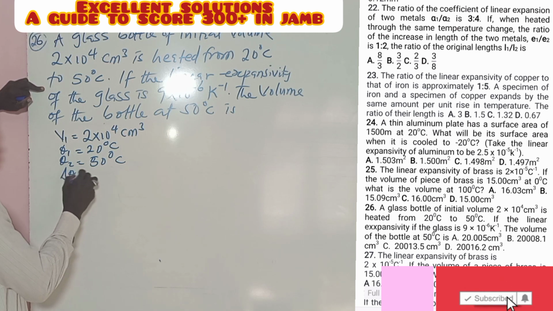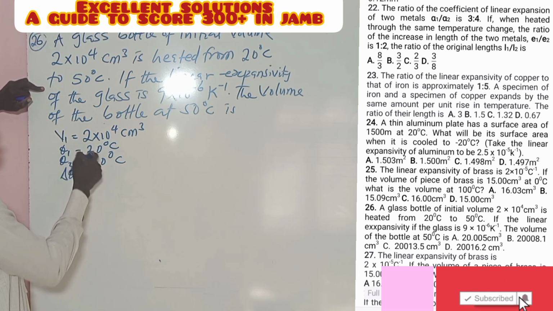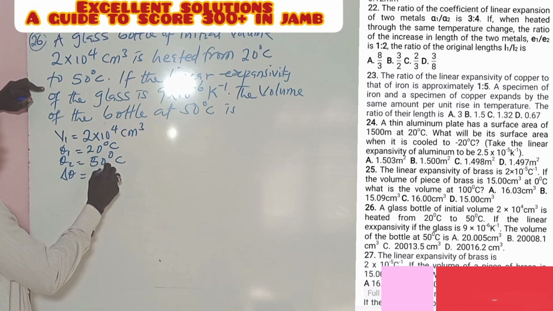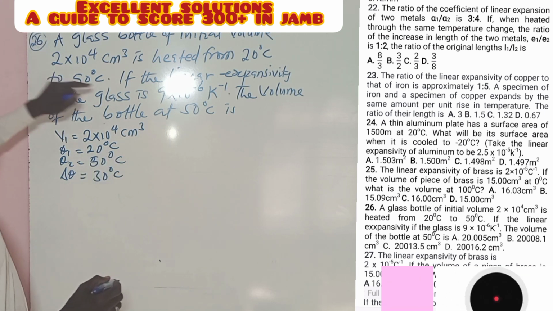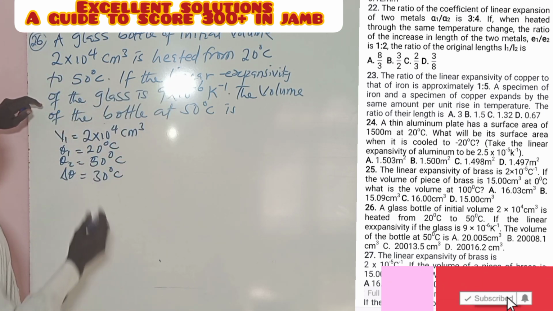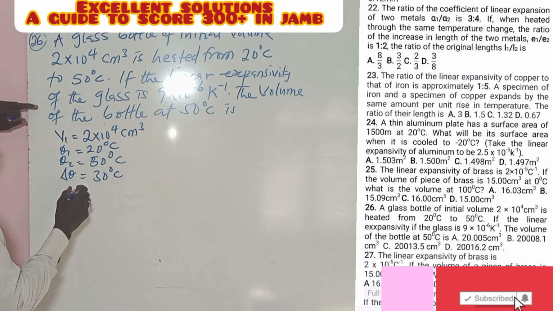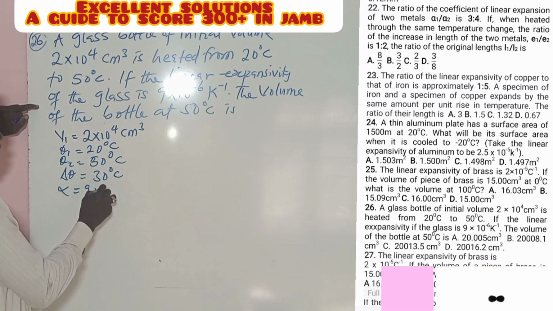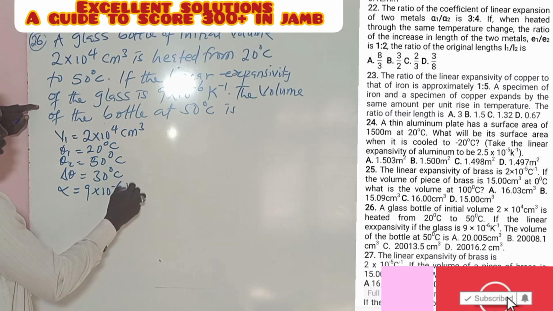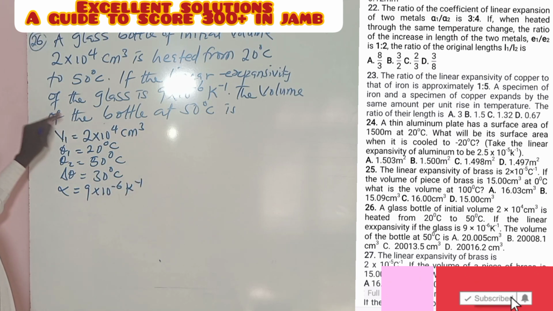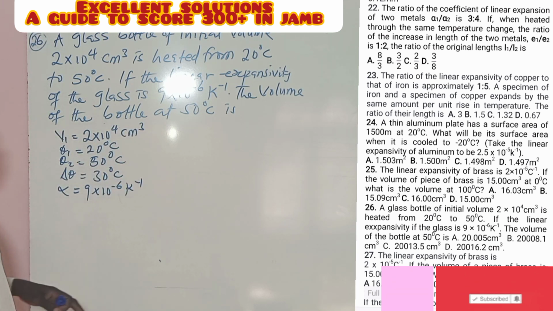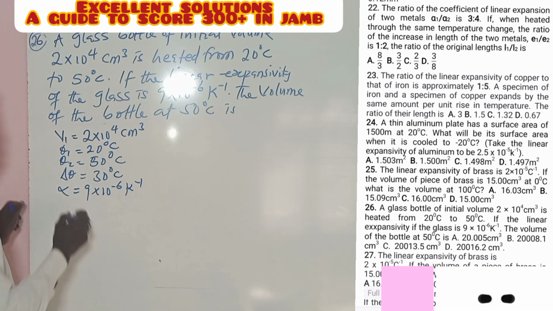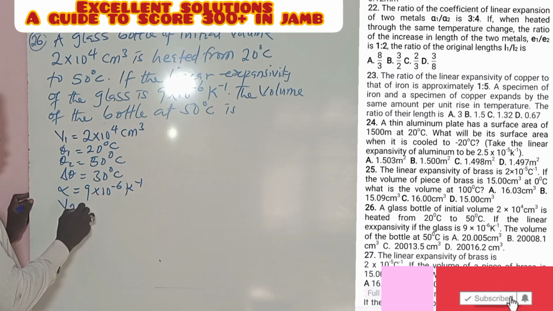Our delta theta equals 50 minus 20, which is 30 degrees Celsius. If the linear expansivity of the glass is 9 exponential minus 6 per Kelvin, alpha equals 9 exponential minus 6 per Kelvin. The volume of the bottle at 50 degrees Celsius is, so we are looking for V2.